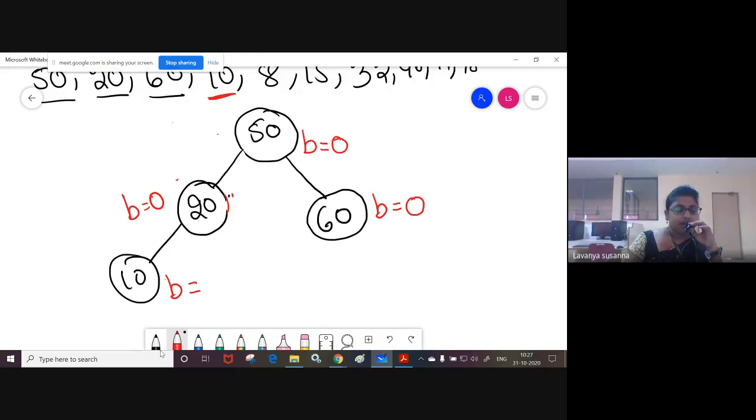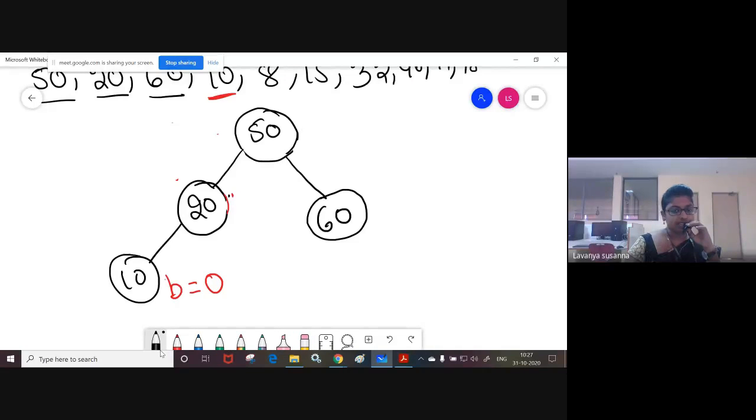Now, you know, for a leaf node, balancing factor is 0. 10 is a leaf node. Now again you need to find out the balancing factor for 20, for 50, for 60. Remember, please remember that in the previous step also you need to find it. I didn't say it, but you need to find it in the previous step also.